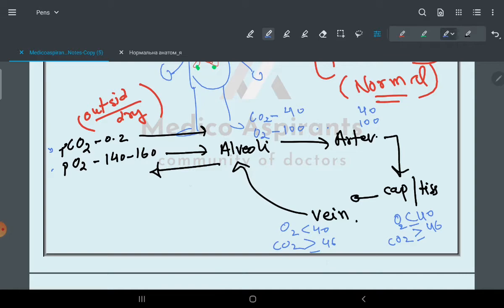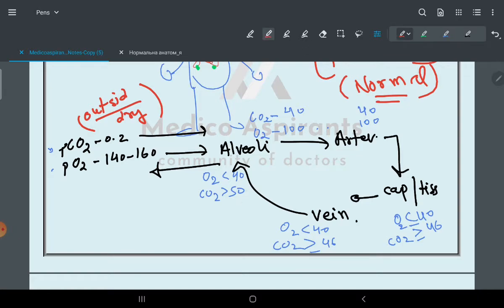So here in return, CO2 is going to be more than 50 and oxygen less than 40. When it goes outside, that moment is normal.